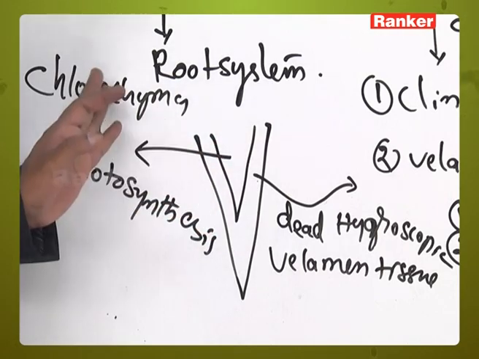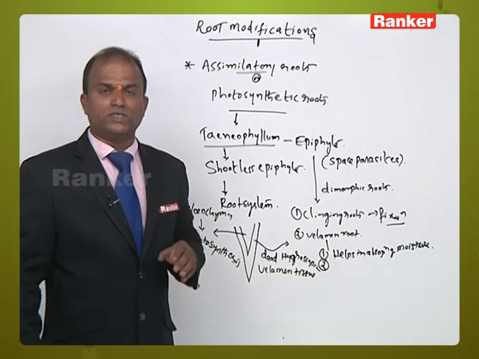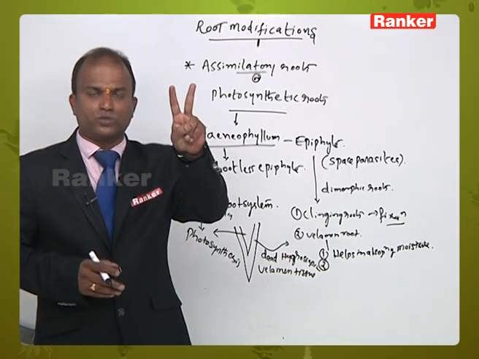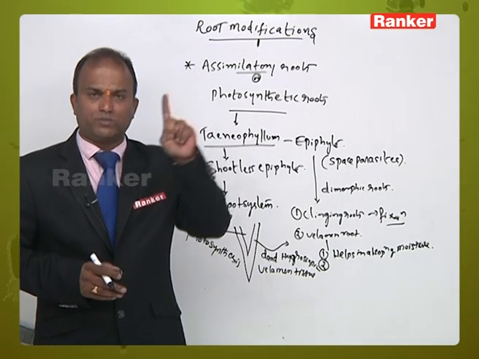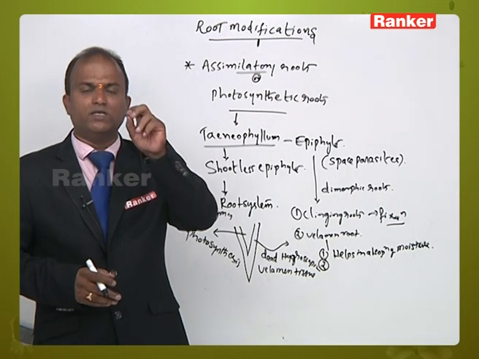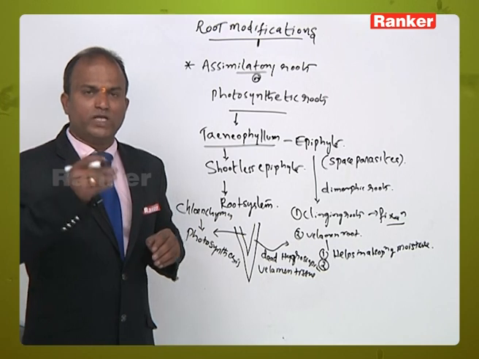The inner surface, as it contains chlorenchyma, plays an important role in photosynthesis.